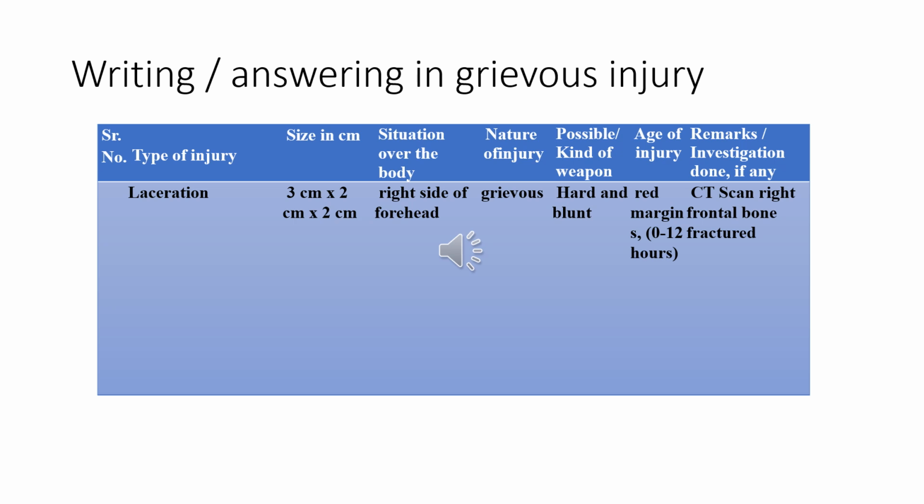Not all laceration, stab, or chop wounds are grievous. But now you have to answer about the simple and the grievous. Every injury which is in section 320 IPC is grievous, and all others are simple.